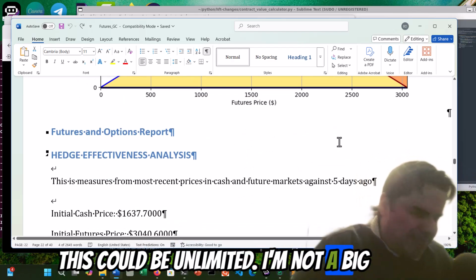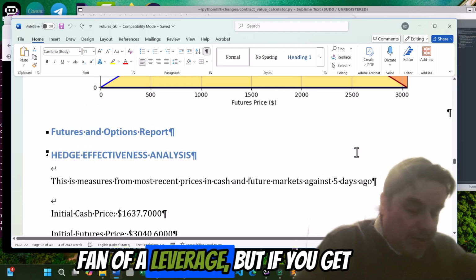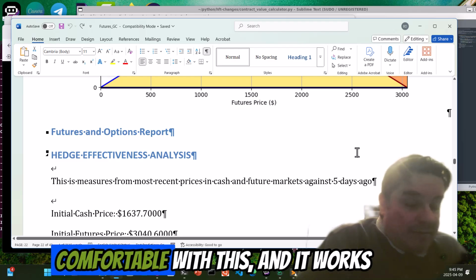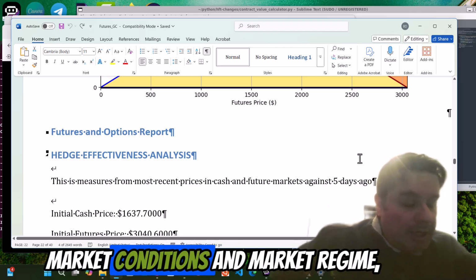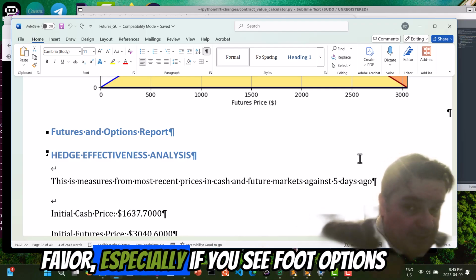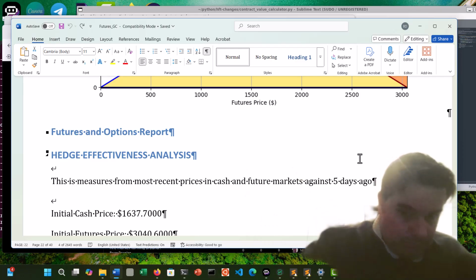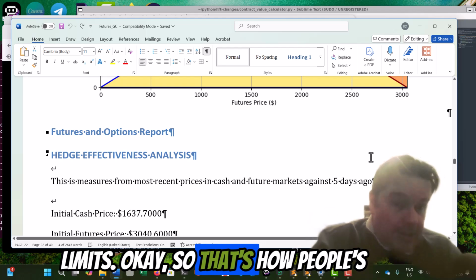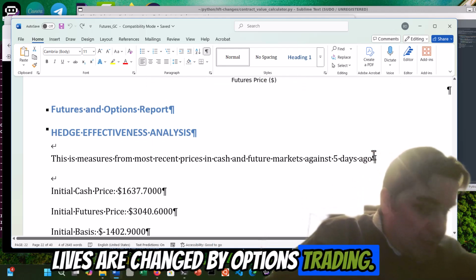So, I'm not a big fan of leverage, but if you get comfortable with this and it works for you, and you're in fairly stable market conditions and market regime, then yeah, leverage can work in your favor, especially if you see put options with unlimited limits. Okay. And that's how people's lives have changed via options trading.